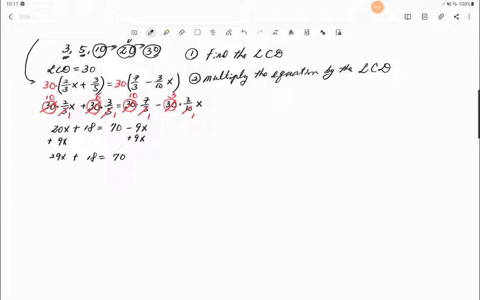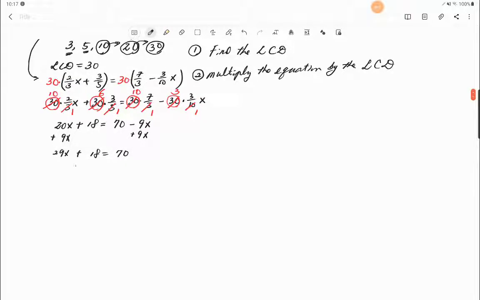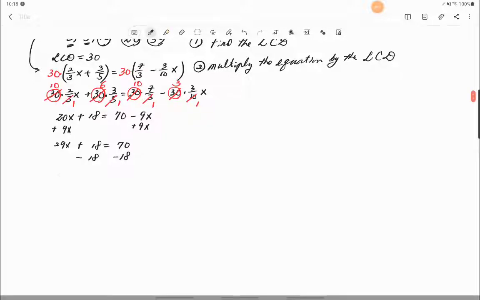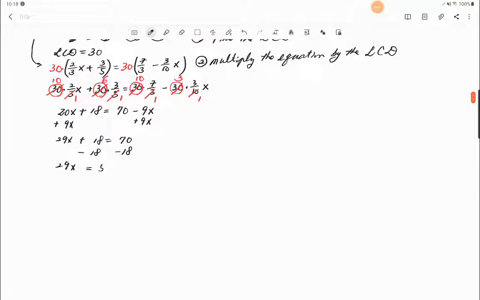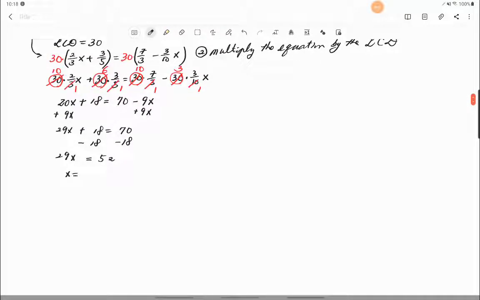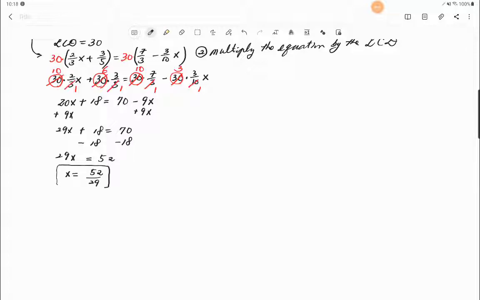And then, since we have the x term on one side, move 18 to the right by subtracting 18 from each side. So 29x equals 52. And then divide each side by 29. So 52 over 29. Is there a common factor between 52 and 29? I think no. So the solution is only this fraction.